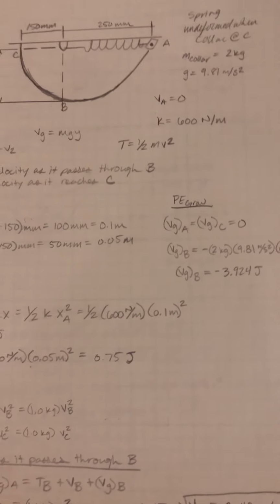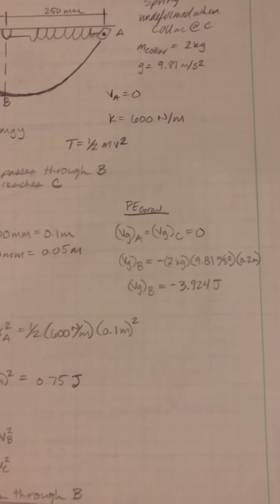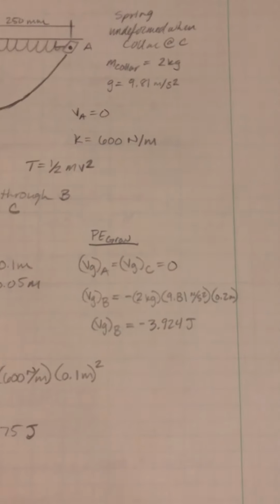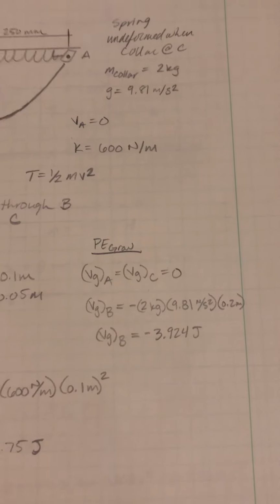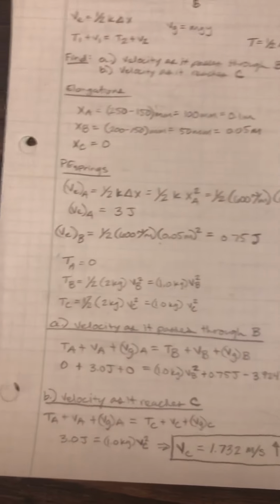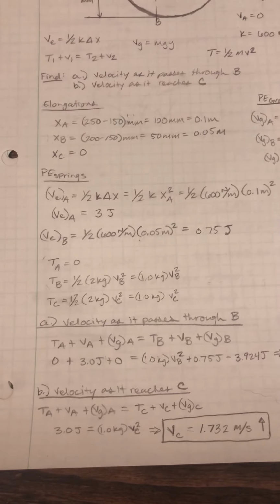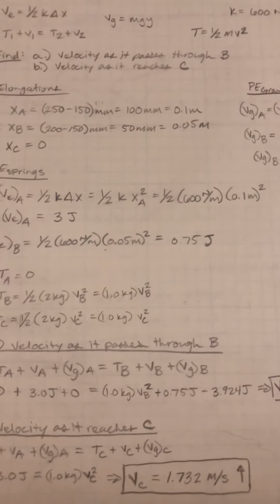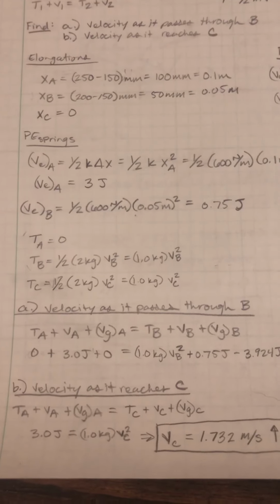Then going to the potential energy of gravity, we're able to find that gravity at point A and C is equal to 0, and at point B is equal to negative 3.924 joules. And using this, we're able to use a different equation that includes gravity, as gravity is acting on this collar, and so it is creating some type of work on it.